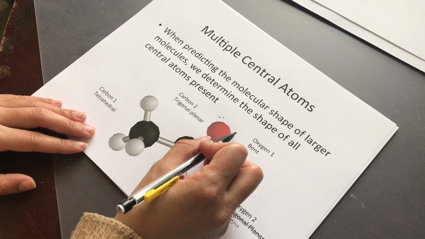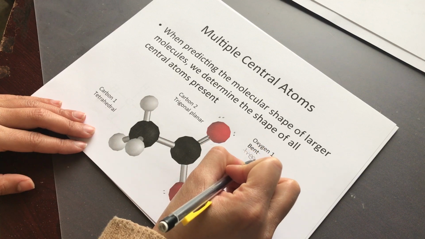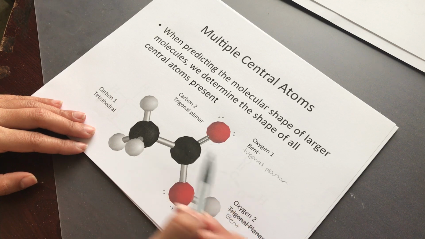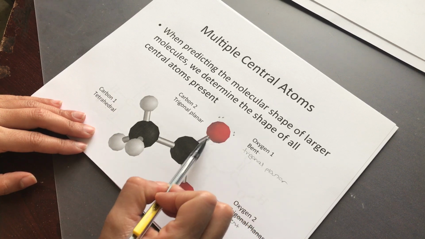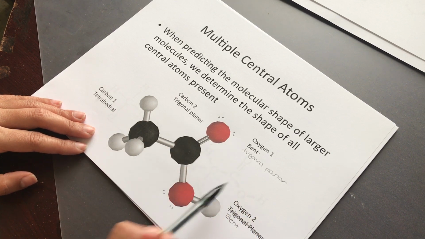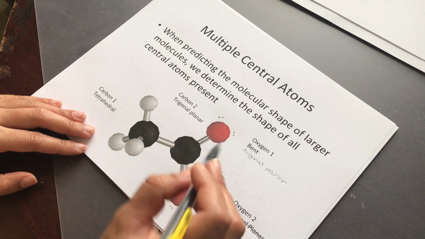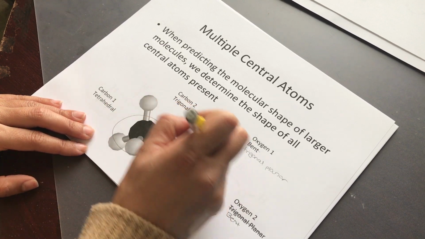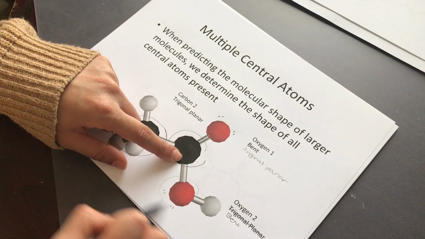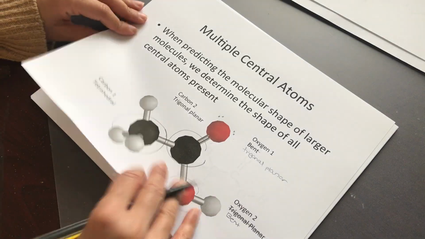In this, we have 1, 2, 3 electron groups, so this can be trigonal planar. Now, we don't really have one that tells you when you have 2 electrons and just 1 bond. This oxygen doesn't necessarily affect the shape, but just know that these 2 electrons are there. However, the main ones that are causing the shape are this carbon, because this one's bending that way, this one's bending down, and then the oxygen's bending the bonds upwards.